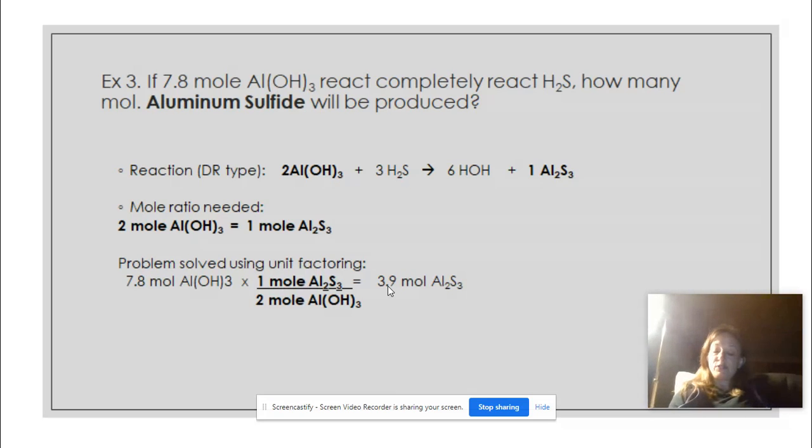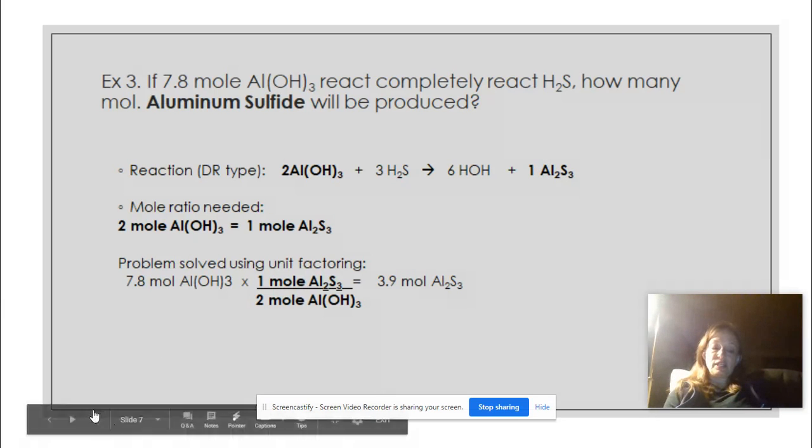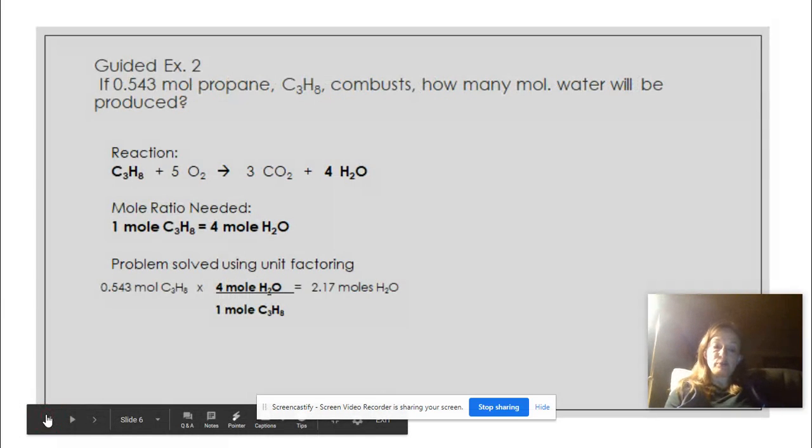All right, so that gives you a really good idea, hopefully, with 3 examples where we had a reaction, we had a starting number of moles, we used the reaction to convert the moles of one thing to the moles of another. That's what we did in each of the reactions. If you look back one more time, we had moles of one thing, we were going to moles of another.